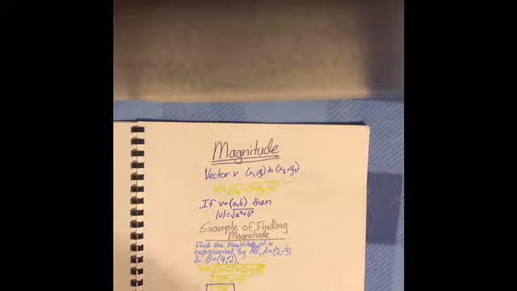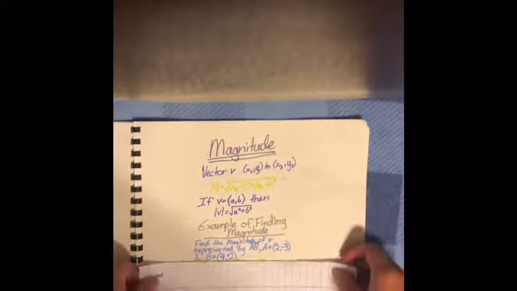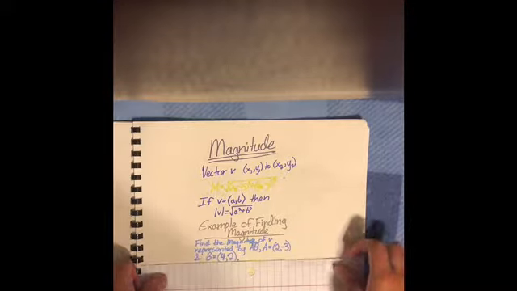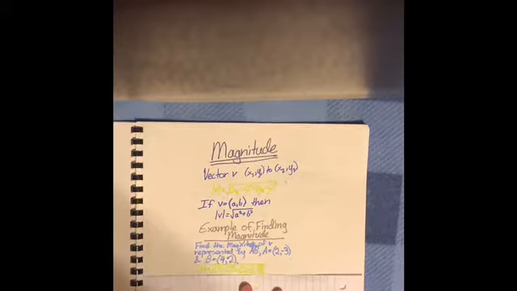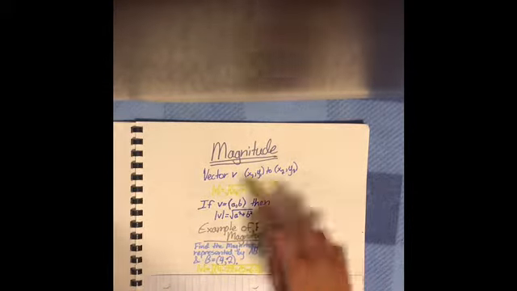Now an example of finding the magnitude, you can go ahead and try this one yourself if you can. So you want to find the magnitude of V represented by the vector AB, where A is 2, -3, and B is 4, 2. So to do this, you're just going to plug it into that formula that we have up here.